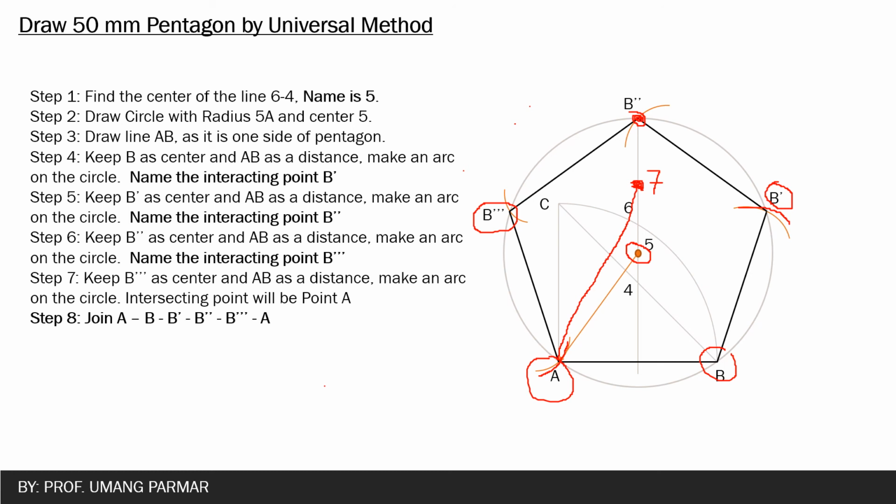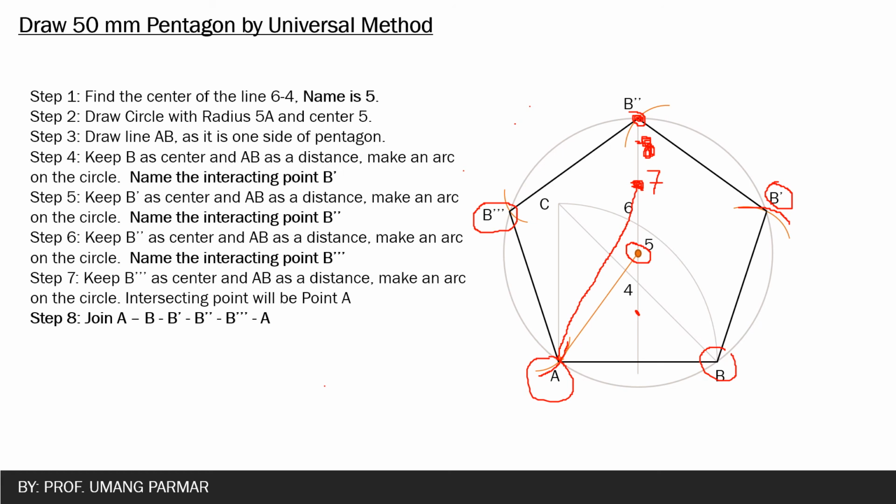If someone wants an octagon, then you will have point number 8 here. This is going to be your point number 8. And with point number 8 to A as the radius, you will draw the circle. If someone wants a triangle, below point number 4 you will have point number 3.